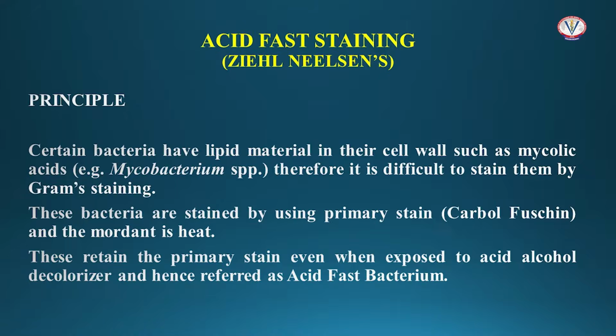Such bacteria belong to Mycobacterium species, namely Mycobacterium tuberculosis, Mycobacterium bovis, Mycobacterium leprae, Mycobacterium avium, Mycobacterium avium subspecies paratuberculosis. All these are stained by acid fast staining, or the other name is Ziehl-Neelsen's method of staining.